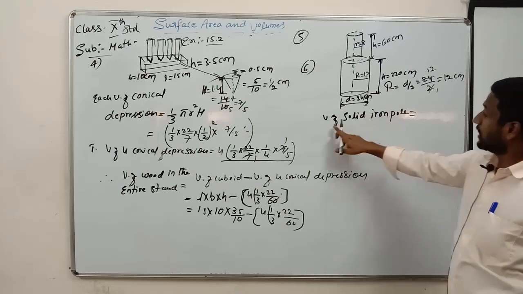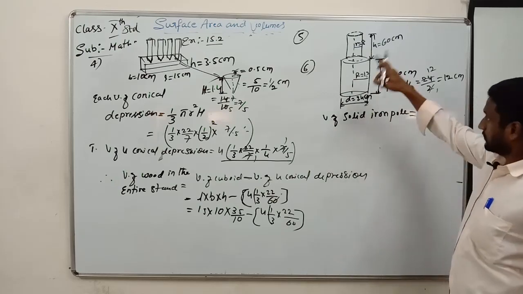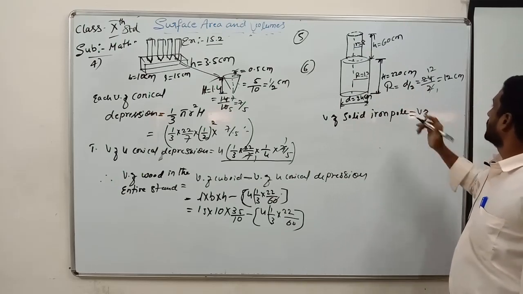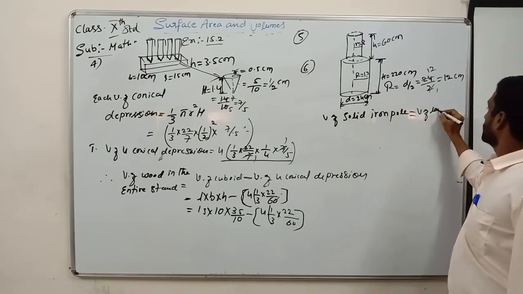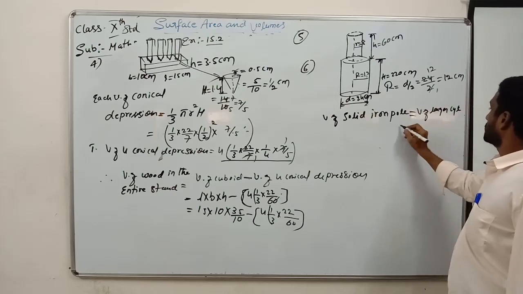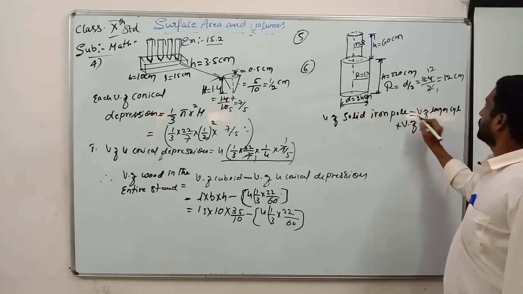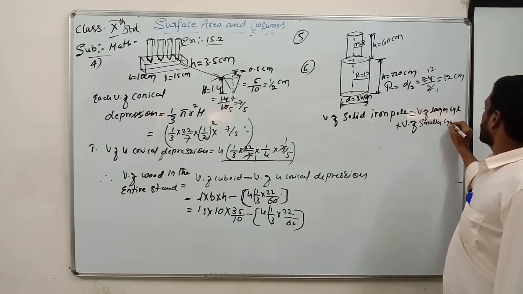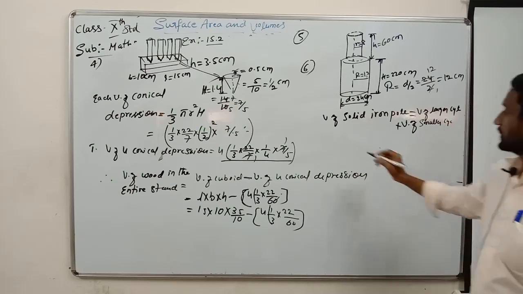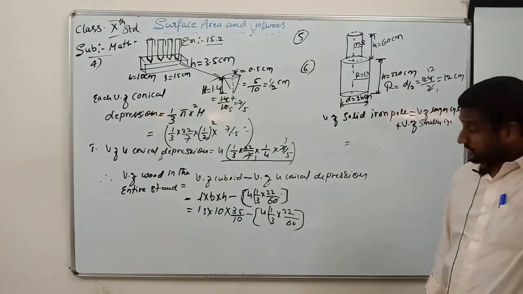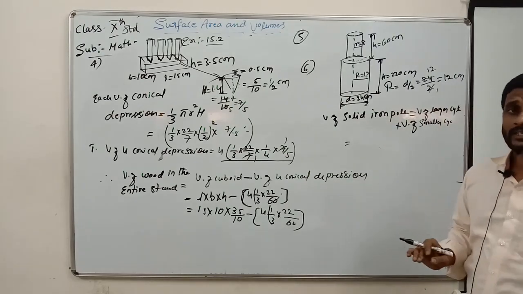So the volume of the solid iron pole is equal to the volume of the larger cylinder plus the volume of the smaller cylinder. The formula for the volume of any cylinder is the same.